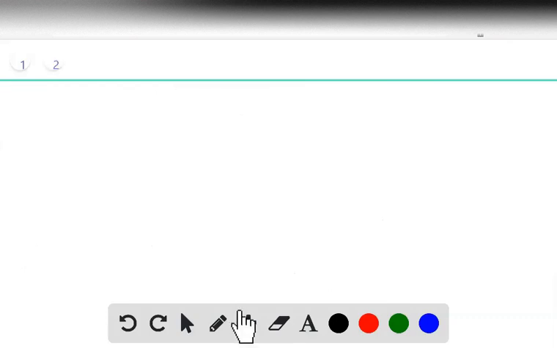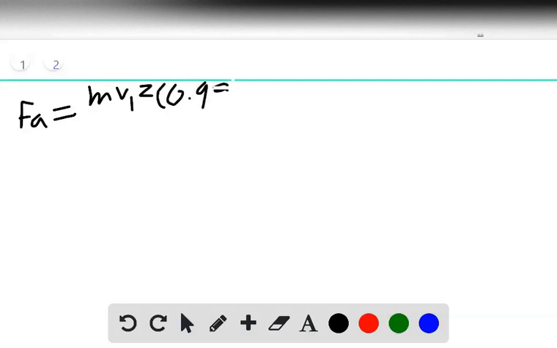We can take out the v1, so F_A equals m v1 squared times 0.9 squared minus 1 squared, but 1 squared is just 1, over minus 2d.